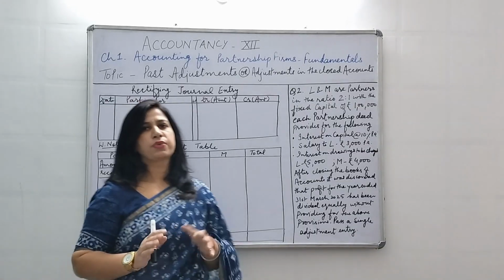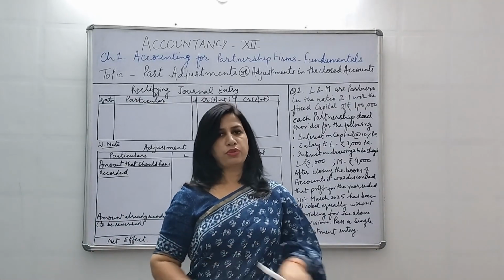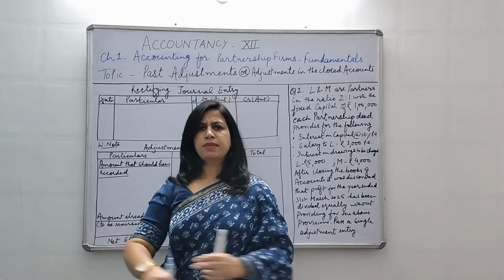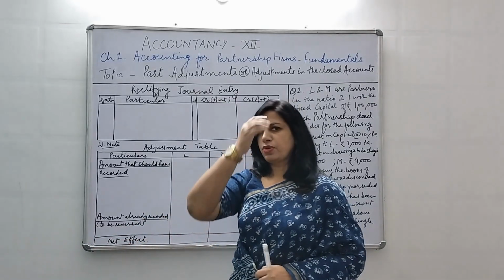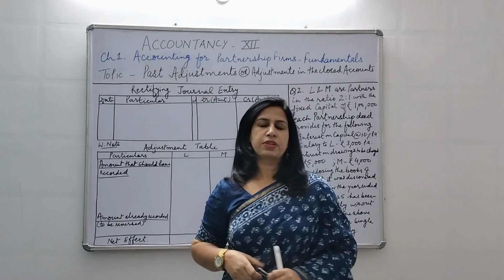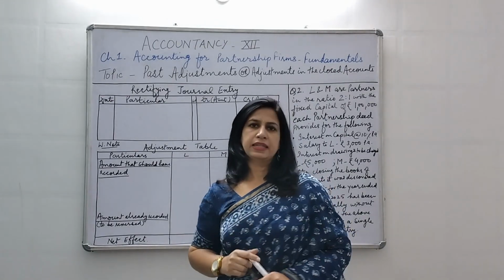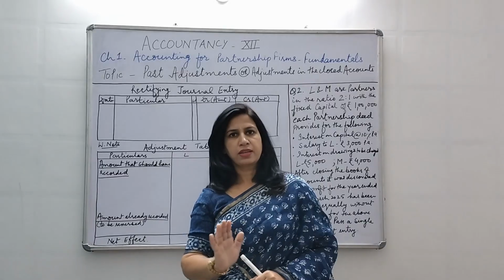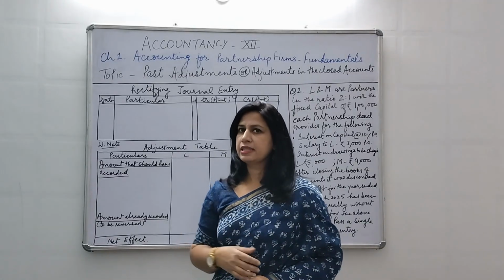So children, in this question they have more than one omission. So how do we have to proceed? The method is exactly similar to what we did in the previous question. You must have seen the first question in the previous video, and I will add the link of that video in the description box. You can check if you have not seen that yet.